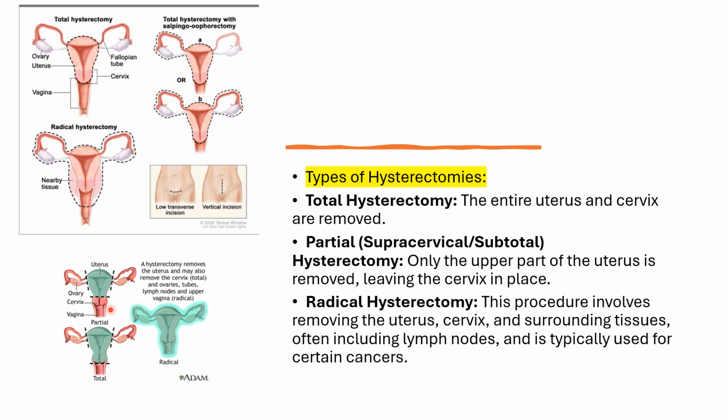Okay, that's called a partial. Well, the radical hysterectomy procedure involves removing the uterus, cervix, and surrounding tissue, often including the lymph nodes, and is typically used for certain types of cancer. So just have a look at all the hysterectomies so that it will give you an idea what portion of the uterus along with the surrounding tissue has been removed.